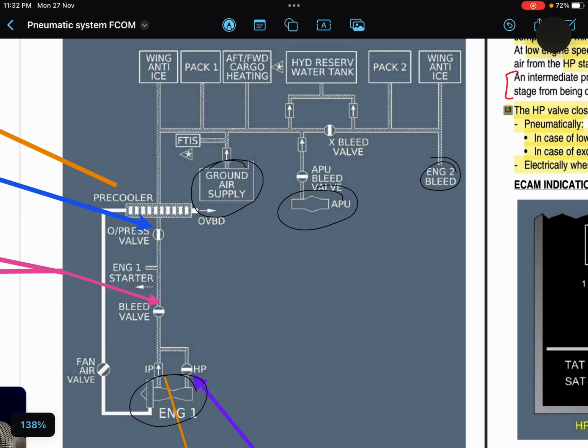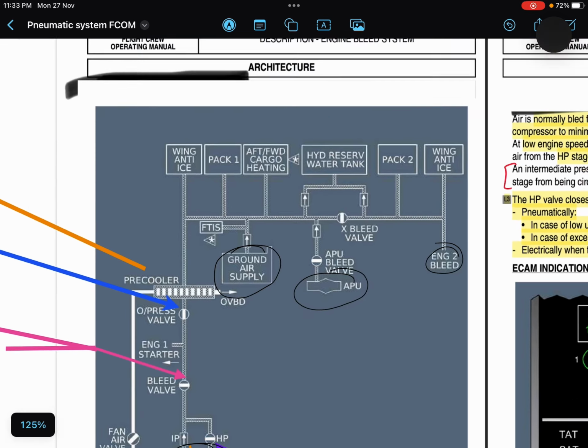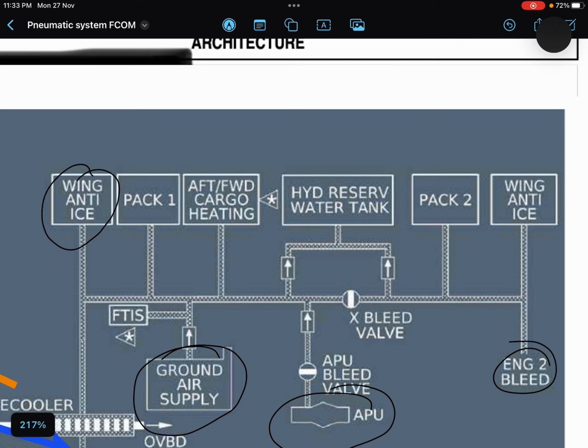So what are the pneumatic systems which are connected with the high pressure sources, or what are the systems the high pressure sources give bleed air to? So these are the systems bleed air is given to, right? Question number XYZ covered.